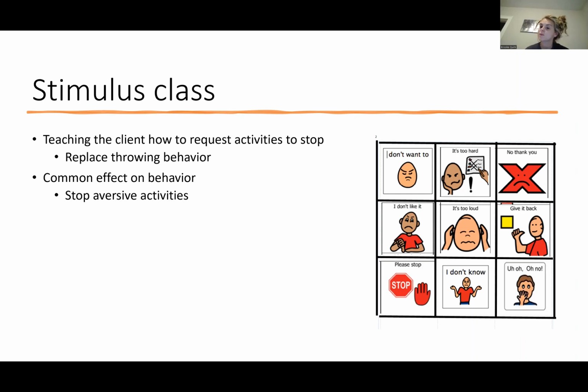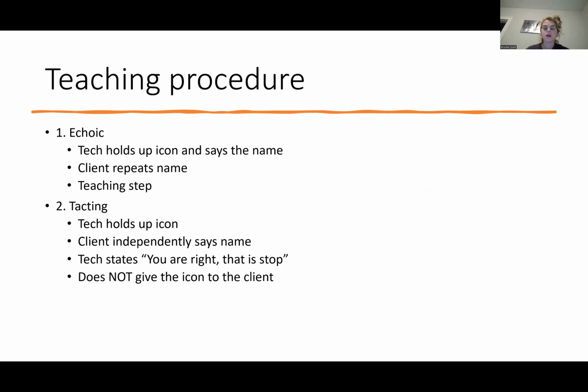However, if a demand is placed, like come to the table, and it's something that the client really can't get out of, like we need to do this, they can ask for a minute or a break or no thank you, and then eventually hopefully we'll teach accepting no as a next step. As previously stated, the stimulus class has a common effect on behavior. Each of these icons will get the client to request to stop aversive activities.